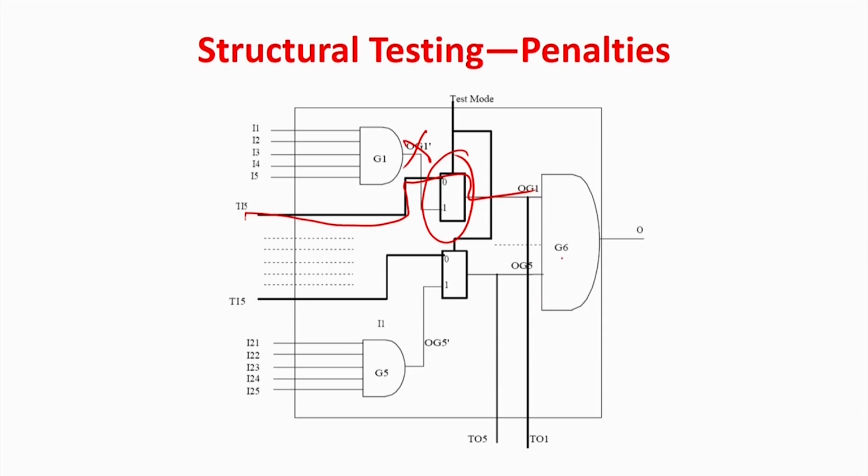Similarly, if I have to give some input to this gate also, I have to cut this out, and I have a multiplexer which has 2 modes, one called the normal mode and the other the test mode. In the test mode, the input to G6 from G5 is cut, and there is an external pin which will directly give input to this. And this solves the problem of directly applying something to G6.